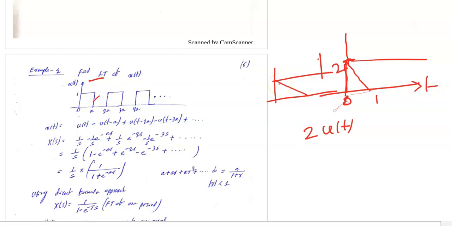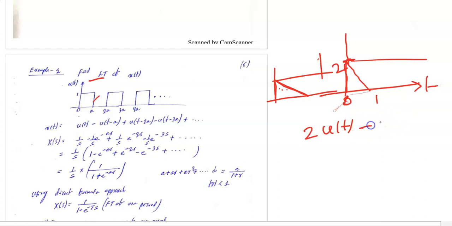So what I'll do, at the same point I'll launch a ramp of slope 2, a negative ramp, the negative slope.